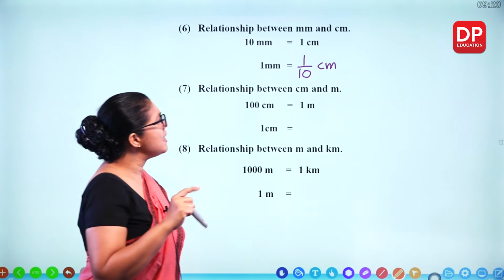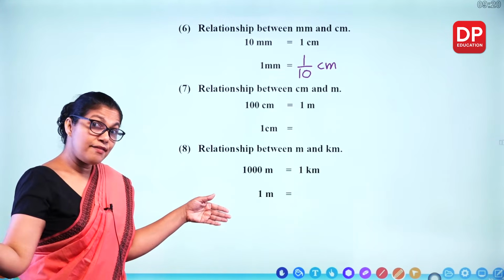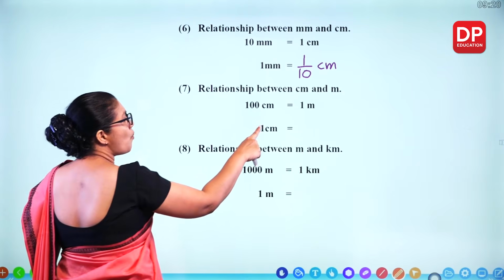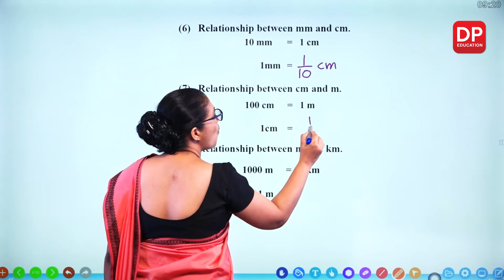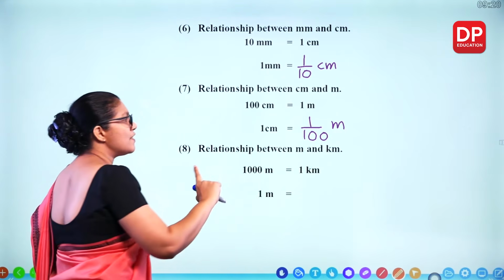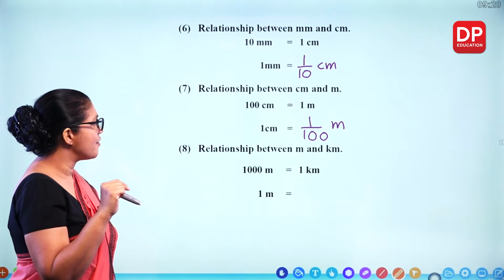Relationship between centimeters and meters. We know when you take 100 centimeters, you get 1 meter ruler. So 1 centimeter means 1 over 100 meters. So what's the conversion centimeters to meters? You have to divide this by 100.